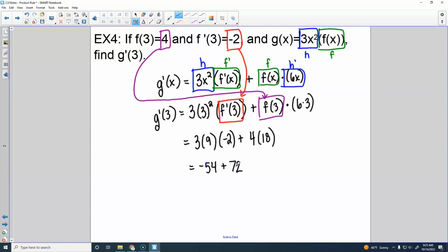And then that will give us 18. Did I do my math right there? You might want to double check me. Yes. So g prime of 3 would be 18.